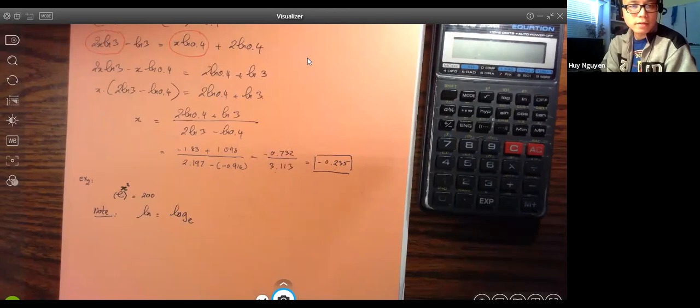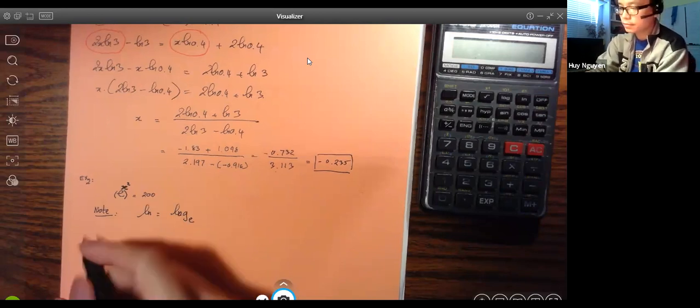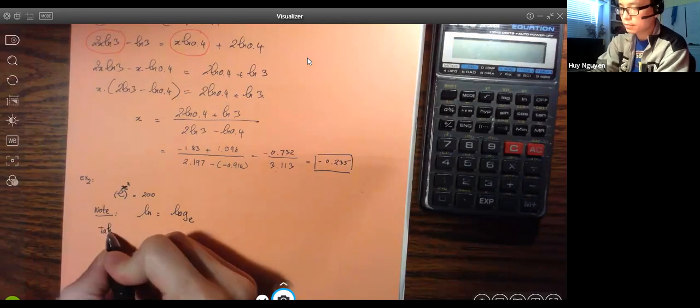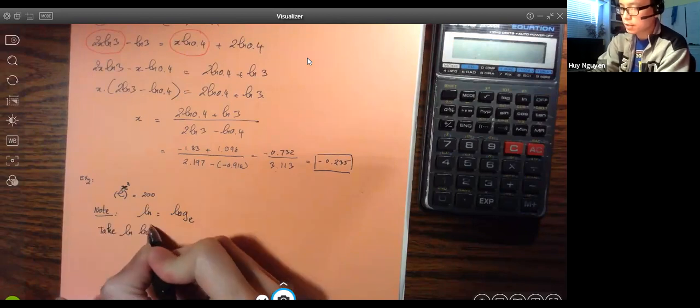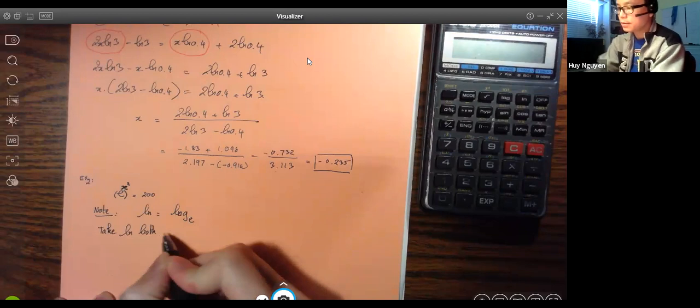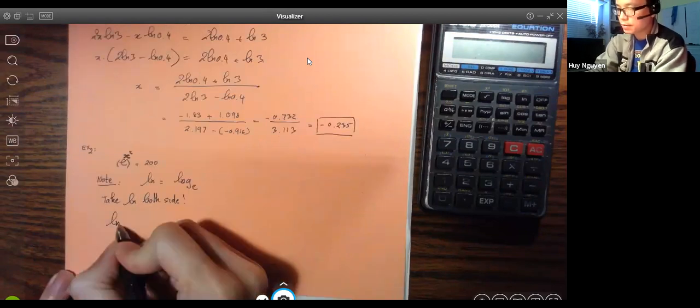Okay, so in order to solve this, we have to use natural log. When you take natural log of both sides, you will have something like this.